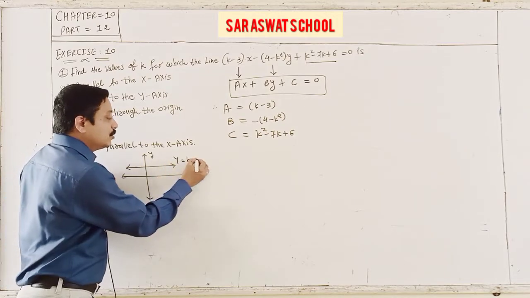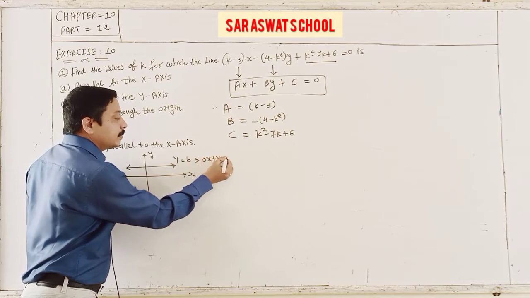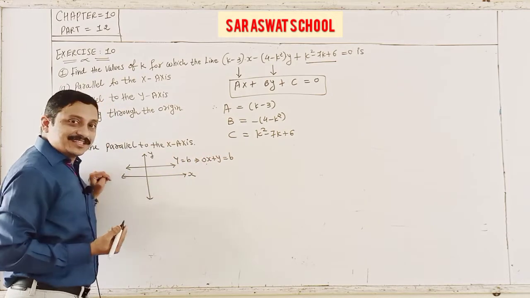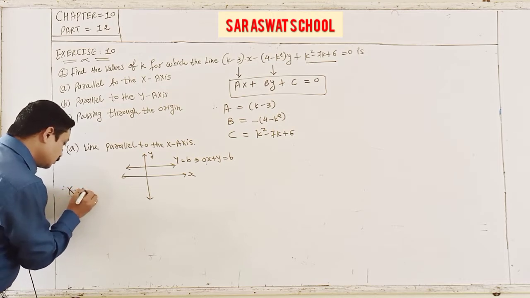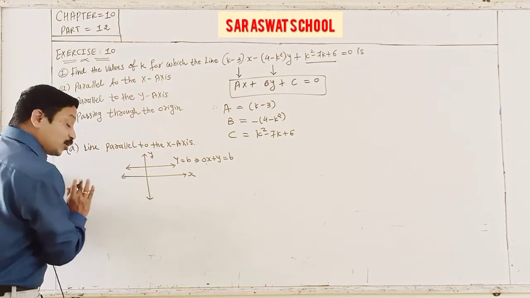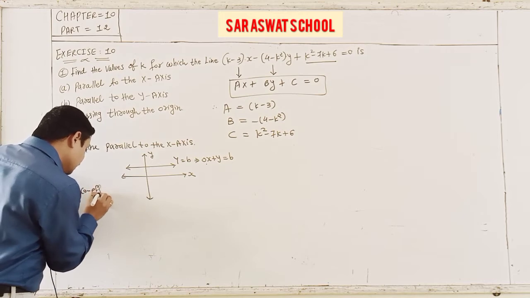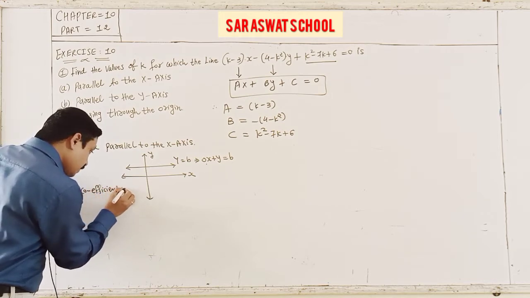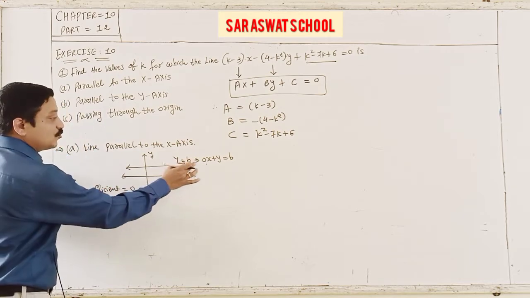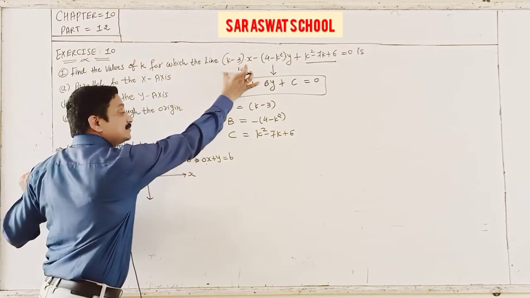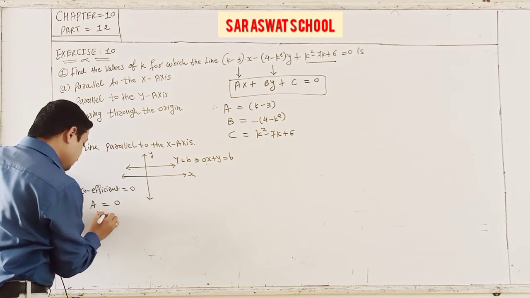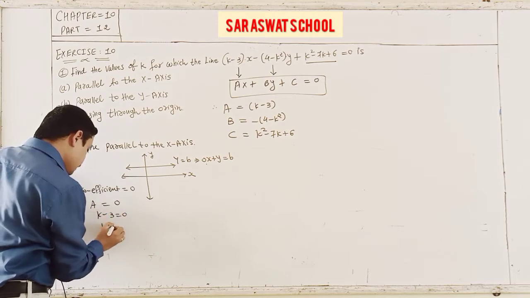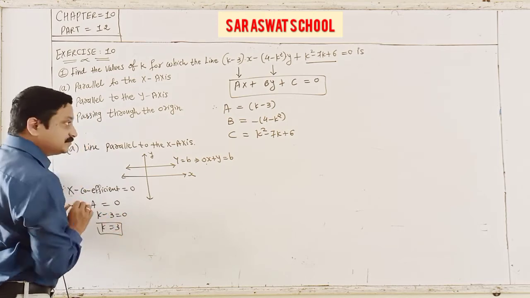We write it as 0x plus y. Definitely the x coefficient, not coordinate, is 0. And what is your x coefficient here in this case? It is a, that becomes k minus 3, so k is 3. Done.